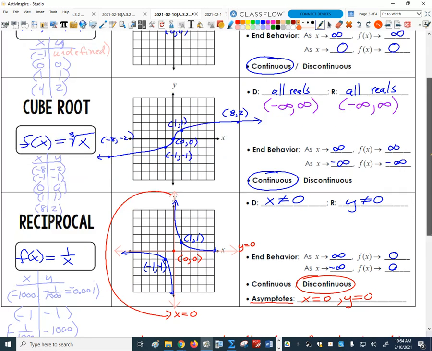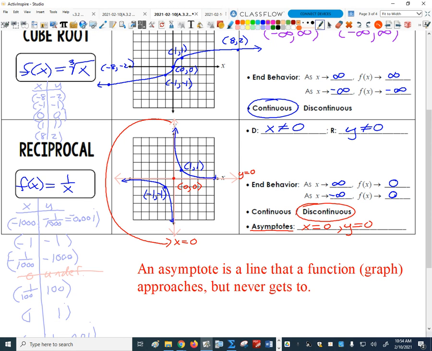And reciprocal function. Okay, this was a weird one, right? The domain was just every x value except 0, and the range was every y value except 0, right? This is the easiest way to say that, but if we have to write it using interval notation, we could write it like this. It's going to be two intervals, right? Because for the x values, we have to stop at 0 because 0 is not included.